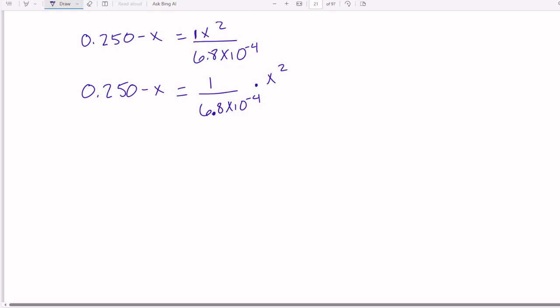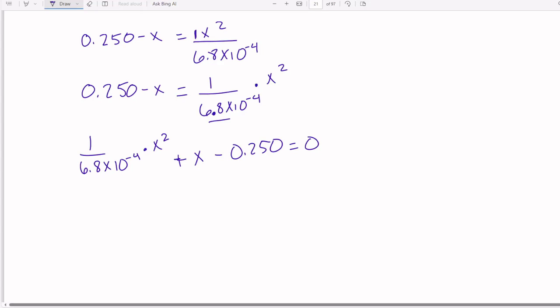Now I'm going to rewrite that into the quadratic form, so if I move the 1 over 6.8 times 10 to the minus 4 to the left, I get 1 over 6.8 times 10 to the minus 4 times x squared, okay, plus x minus 0.250 equals 0. Why? Because I changed the sign on everything. So when I move this to the left, I had a negative 1 over 6.8 times 10 to the minus 4. So I changed the sign on everything, and I have it now in the quadratic form.